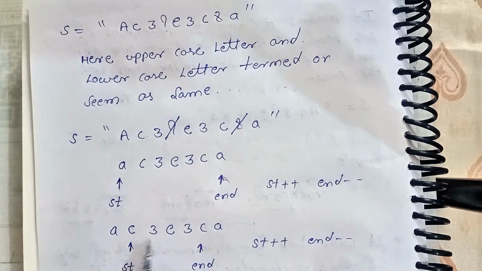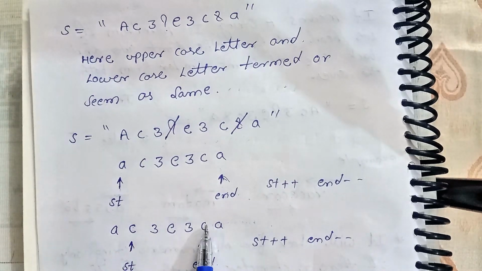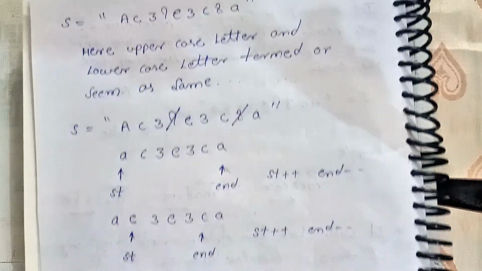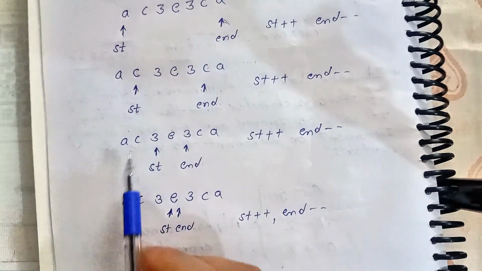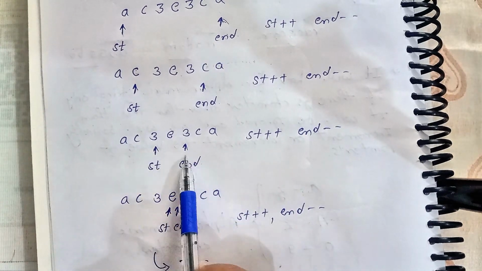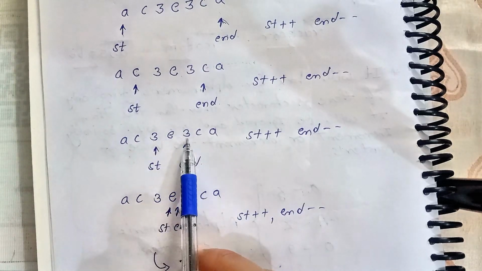So we have already incremented the value of start and decremented the value of end. Then after that we will check this pointer and this pointer value. If these pointer values are same, then we will move ahead, incrementing the value of start and decrementing the value of end, and check this value and this value.